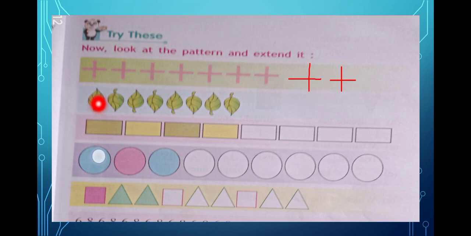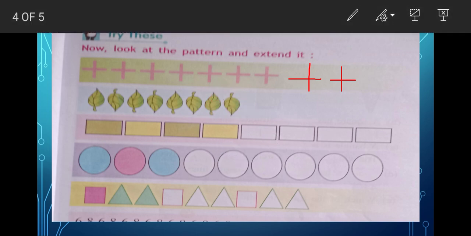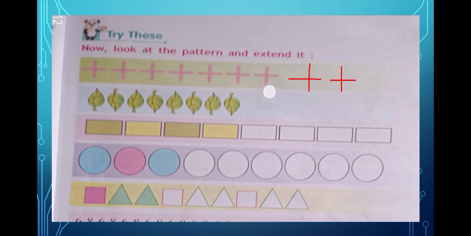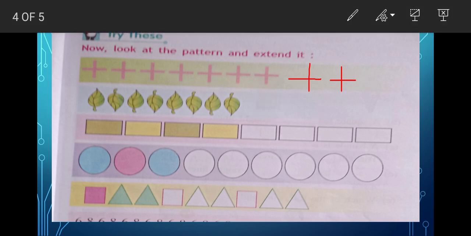Now this leaf is upwards, downwards, upwards, downwards. Now you have to make a leaf upward. The stem will come here, somewhat like this. Draw it nicely, children.